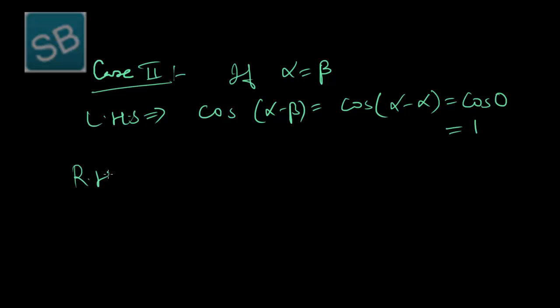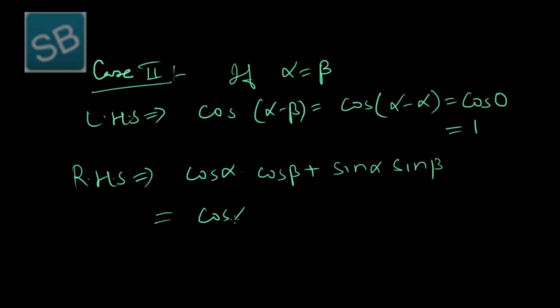On the right hand side we have cos alpha into cos beta plus sin alpha into sin beta, that is cos alpha into cos alpha plus sin alpha into sin alpha.